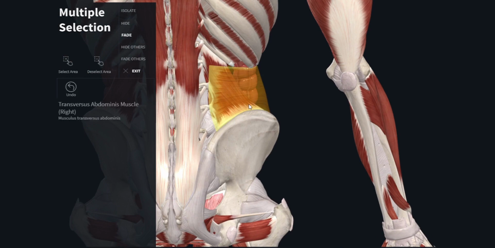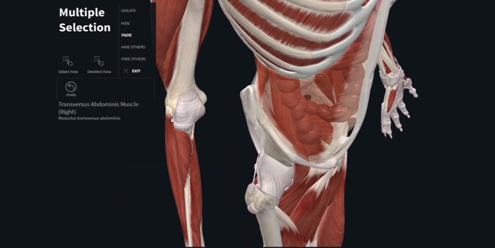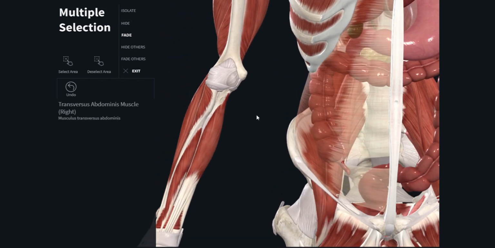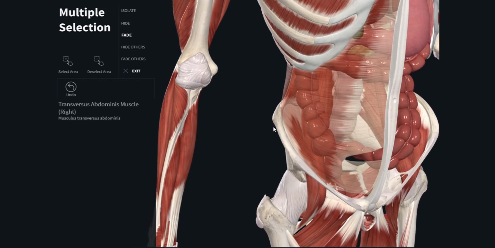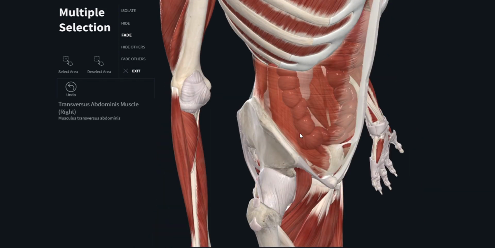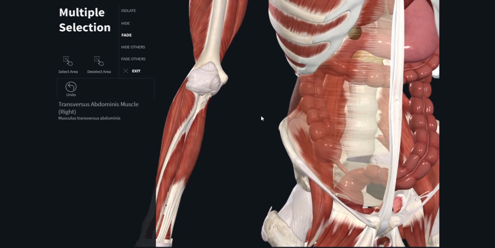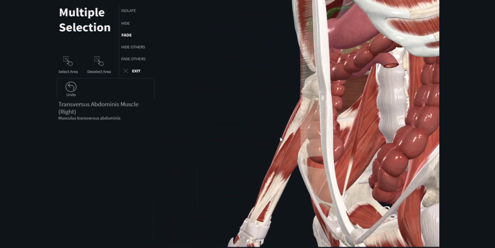Then we also have, behind, the transverse abdominis muscle. And internally, as you can see here, this one is known as the right psoas major muscle. So the right psoas major, quadratus lumborum and the transverse abdominis muscle are the major muscles that make up this entire structure.